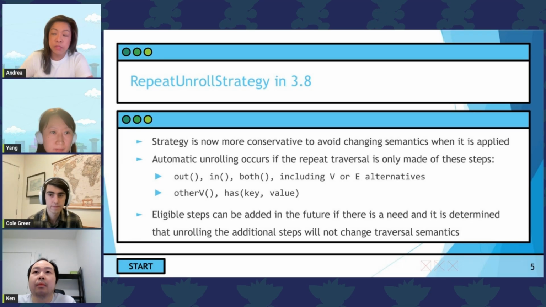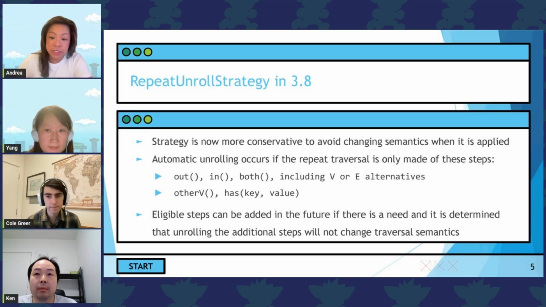The thinking is that the list of eligible steps can be widened in future releases if there is a need, and it's also been verified that these steps will not change the behavior of the traversal when used inside of a loop. For 3.8, these steps include the vertex and edge steps, like in, out, both, including the V and E alternatives, so outE, inV, etc., and also the otherV and the has key value step.